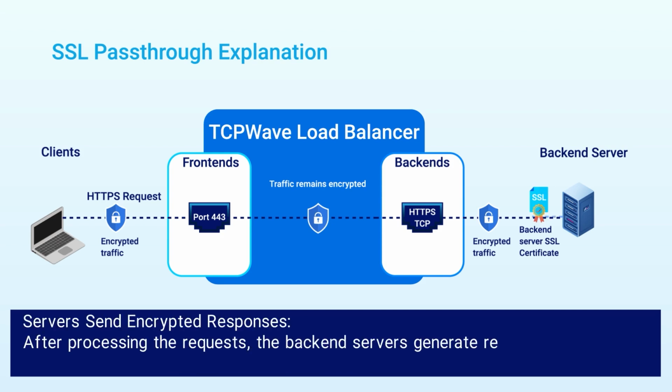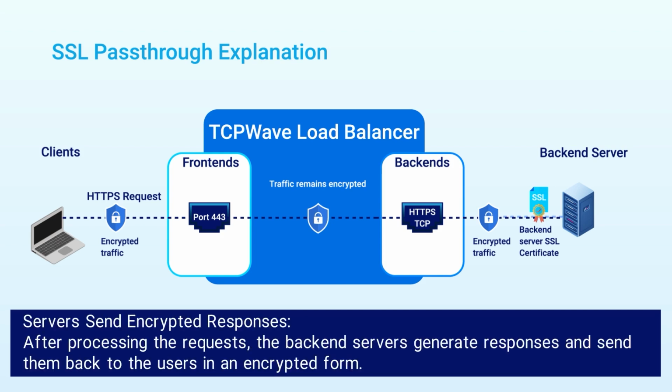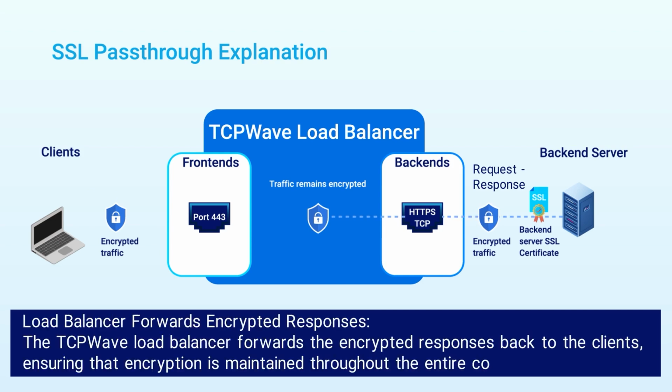Servers send encrypted responses. After processing the requests, the back-end servers generate responses and send them back to the users in an encrypted form. Load balancer forwards encrypted responses. The TCPWave load balancer forwards the encrypted responses back to the clients, ensuring that encryption is maintained throughout the entire communication cycle.